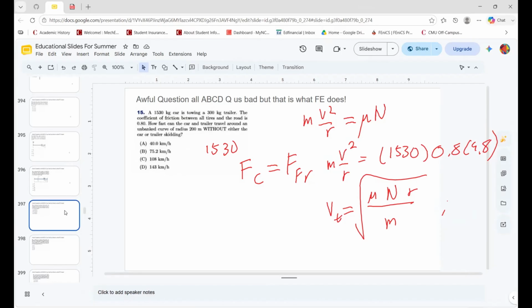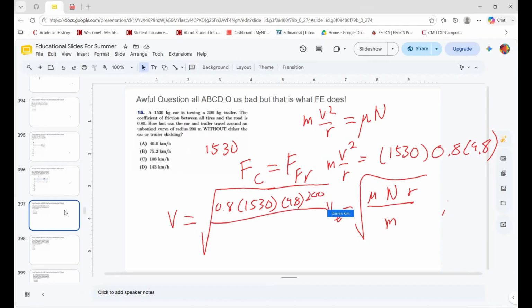Let me get my calculator and do it. So 0.8 times 1,530 times 9.8, times whatever the radius is, which is 200, divided by 1,530, square root. That's none of the answers.